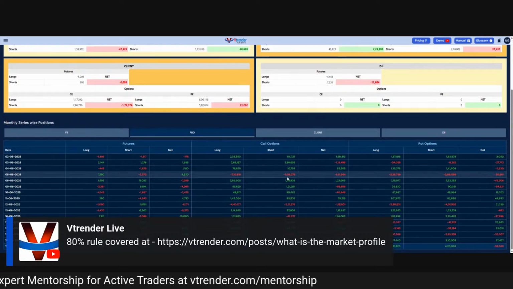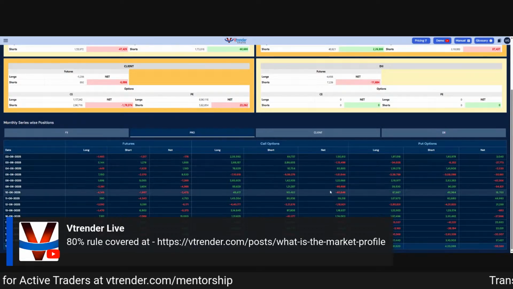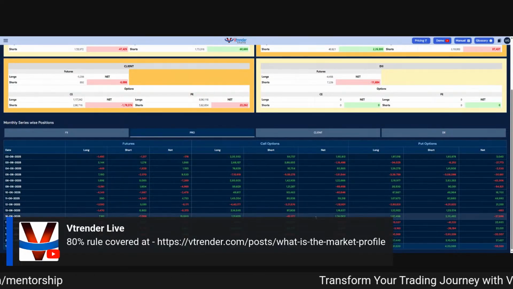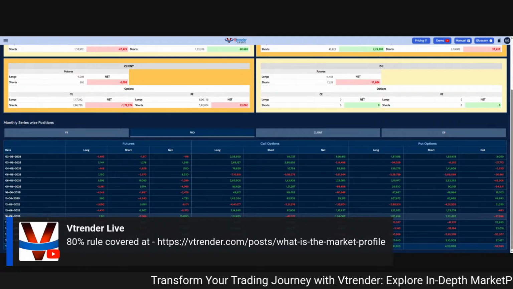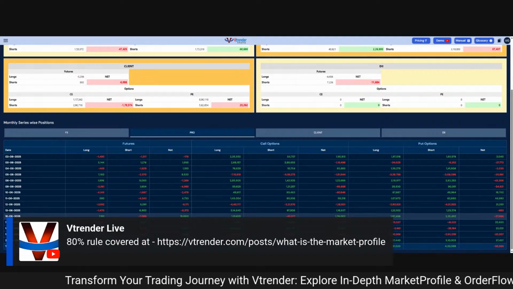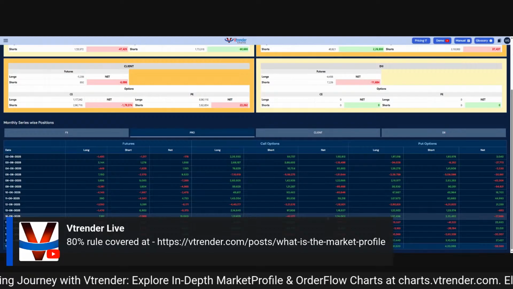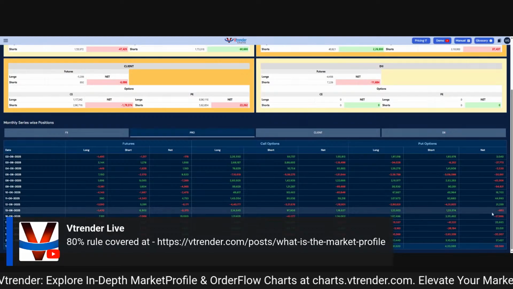In calls again, you can see that when they went long in futures, they also went long in call options. So this 16th of June was an important day where the pros were aggressively long, because in the futures they were net long, in call options they were net long, and in puts they were net short.